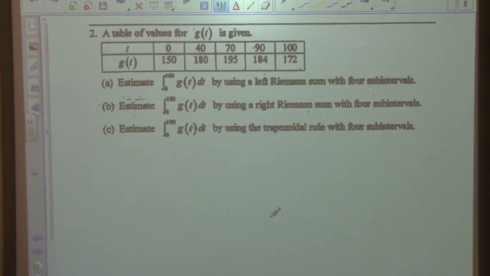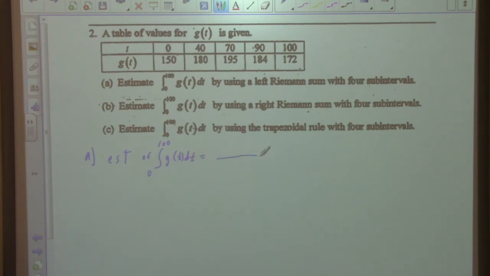Okay, so these three problems, A, B, and C. For A, the estimate of the integral from 0 to 100 of g of t dt is equal to 4 subintervals.